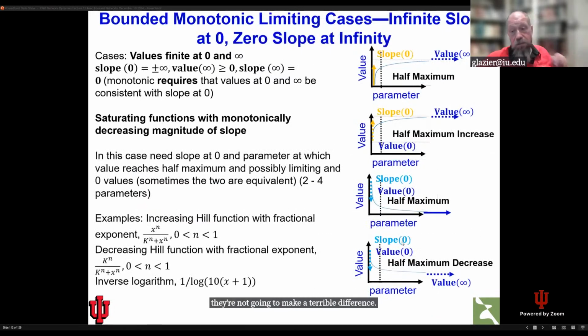And there are going to be some more of these, and I'm running out of time now, so I'm not going to take too much more time. You could imagine a finite or zero value and an infinite slope at zero, for example something that looks logarithmic. Finite value at infinity, zero slope at infinity: an inverse logarithm will have that property if you want it.